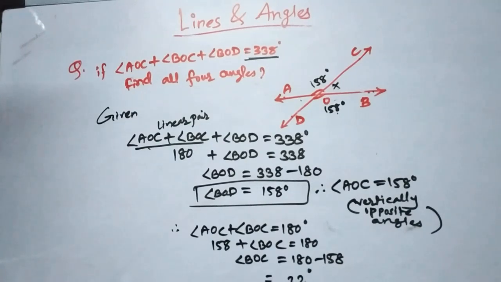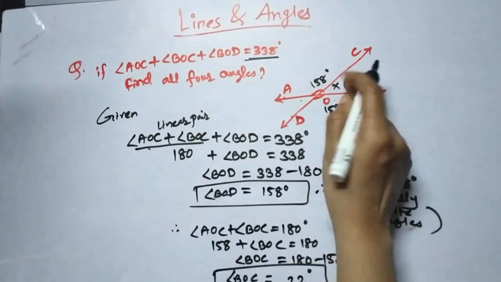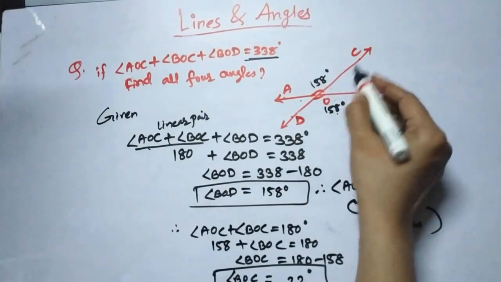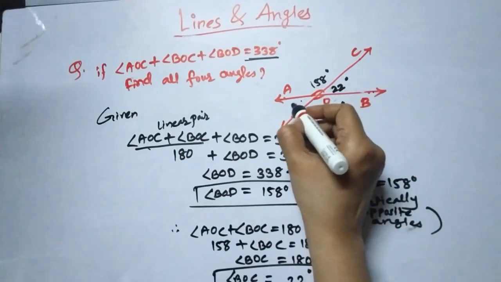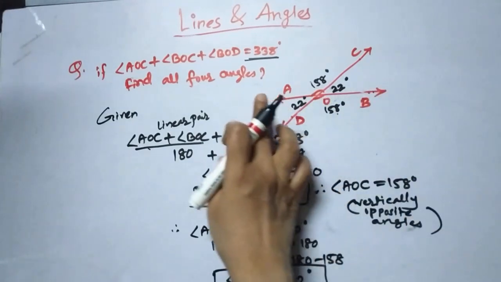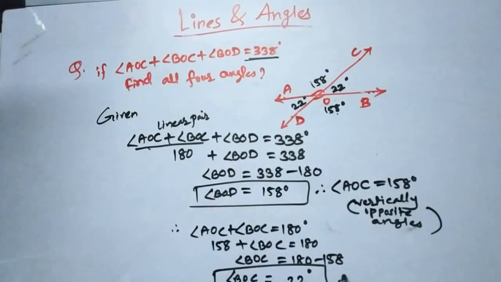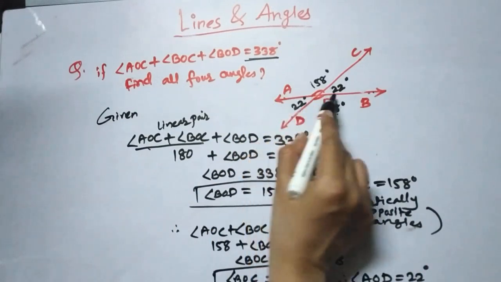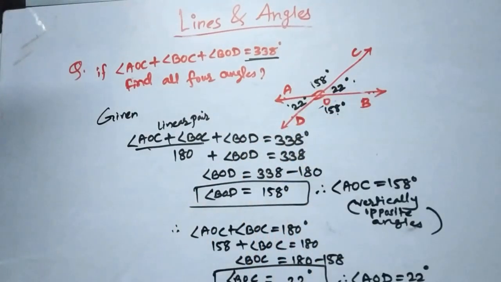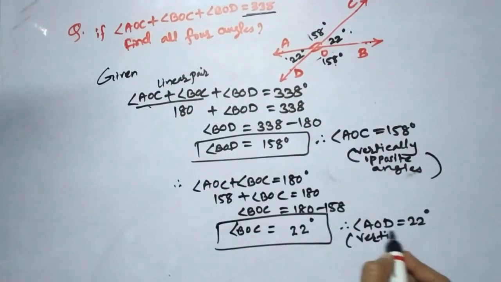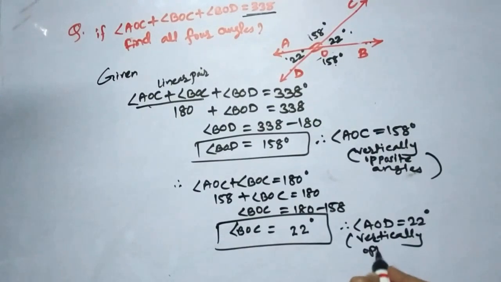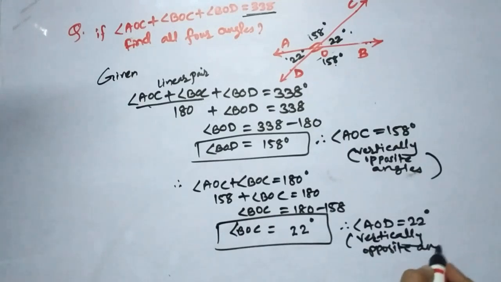So it is 22 degrees. So friends, this angle we come to know, BOC, is what? 22 degrees. So its opposite is also going to be 22 degrees. That means angle AOD. And the reason we know why is because these are vertically opposite angles. Hope you have understood it.